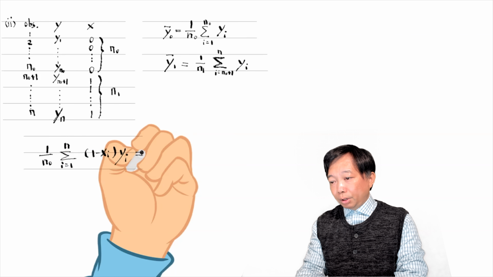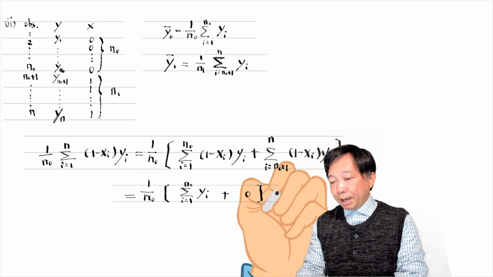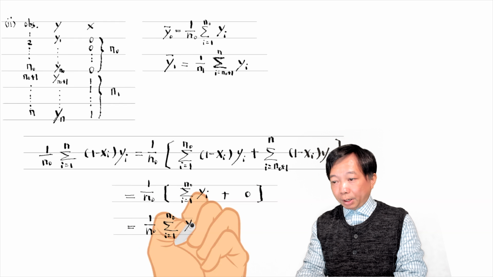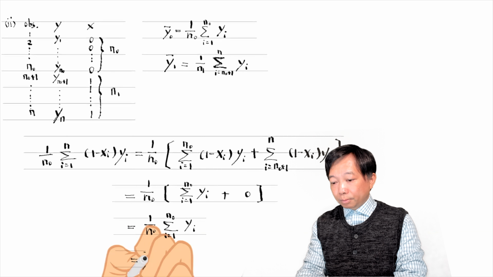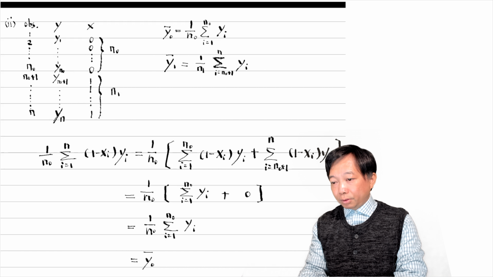We can show the equation from the right to left. The right-hand side of the equation can be expressed as two parts. The first part contains observations from 1 to n0, and the other part has the remaining observations. The second part sums to 0 because all xi's in the second part are 1.